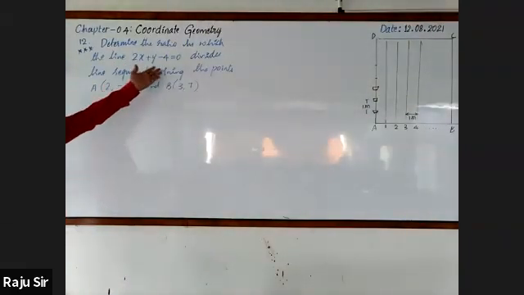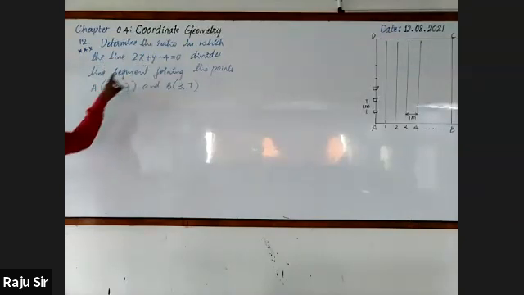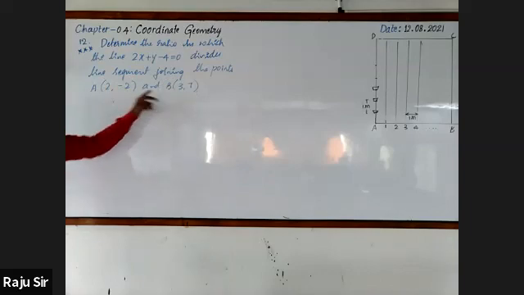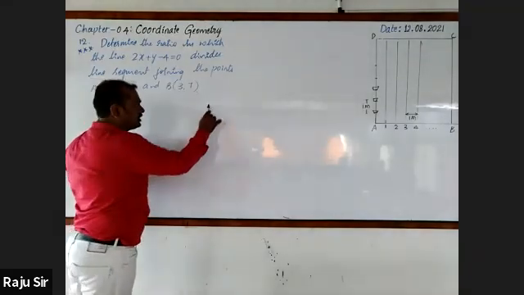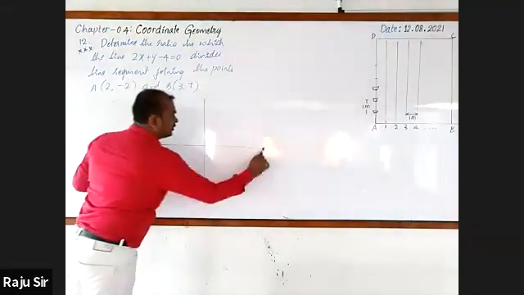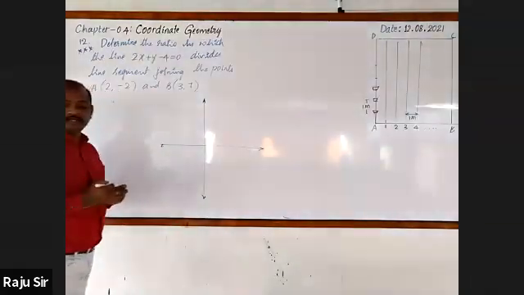I'll tell you that later. Just we should focus on this. Okay, you are going to find out the ratio in which this line will divide the other line which is formed by joining these 2 points, (2, minus 2) and (3, 7). This is a general diagram. What are these? X-axis and Y-axis.